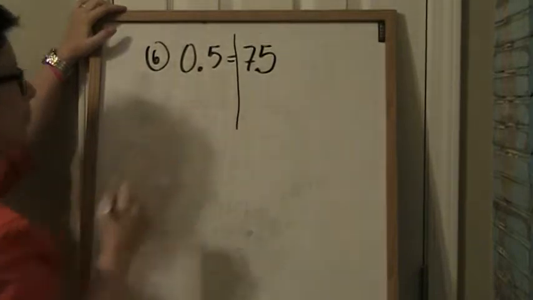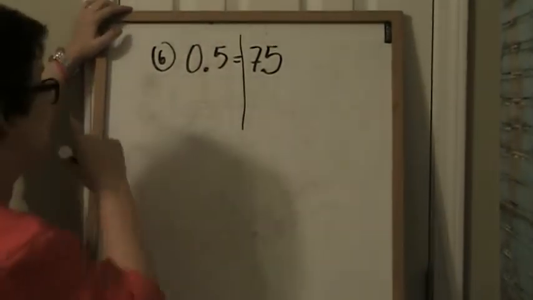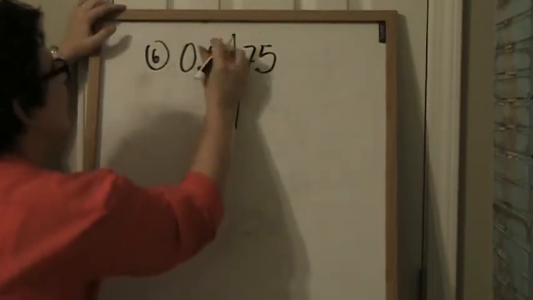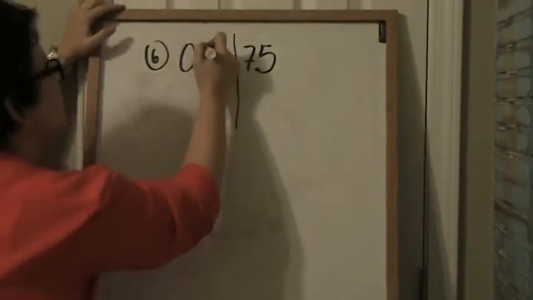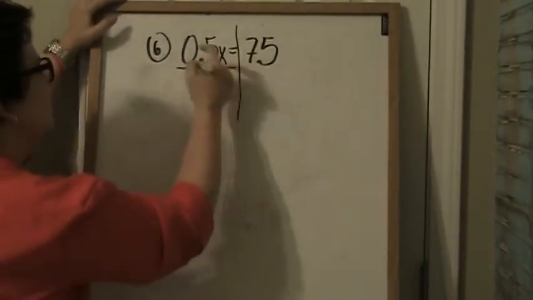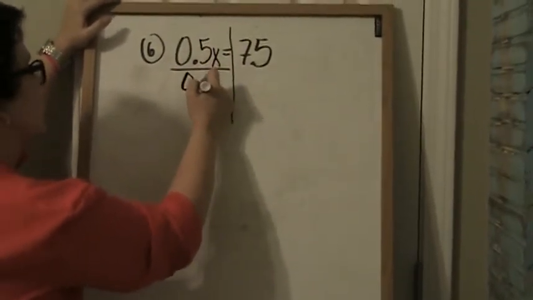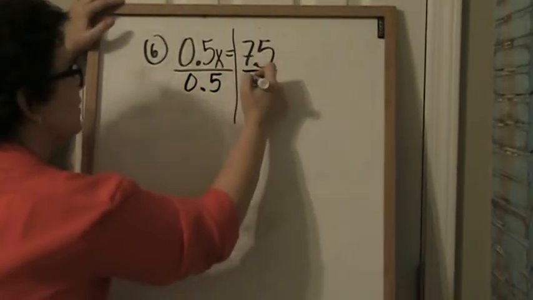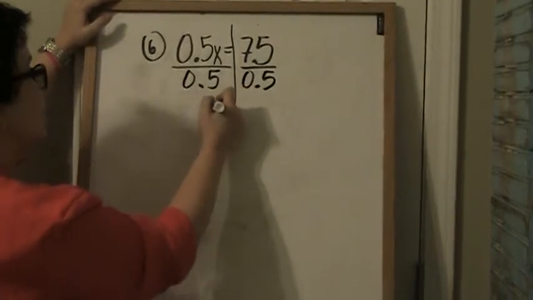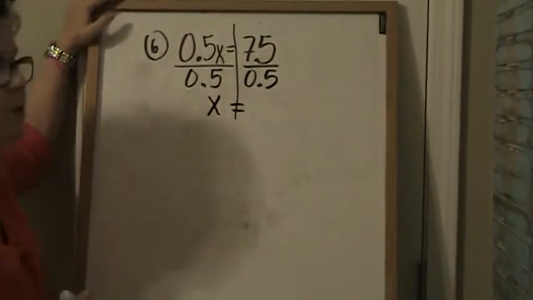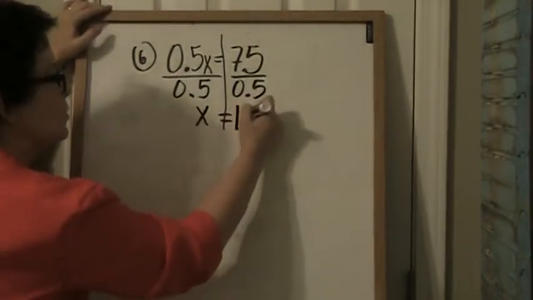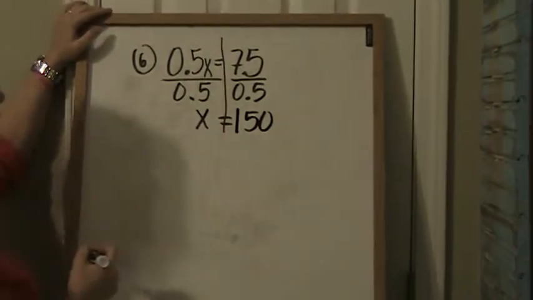All right, guys, you got to remember your decimal rules because you're not going to have a calculator. Whoops, I forgot my variable. All right, it's 0.5x. That's multiplication, so now we're going to divide. So 75 divided by 0.5, x is equal to, you got to remember to put your decimal points in the right place, and your answer is 150.